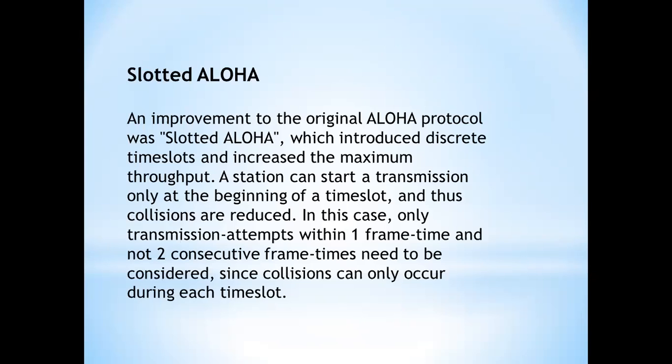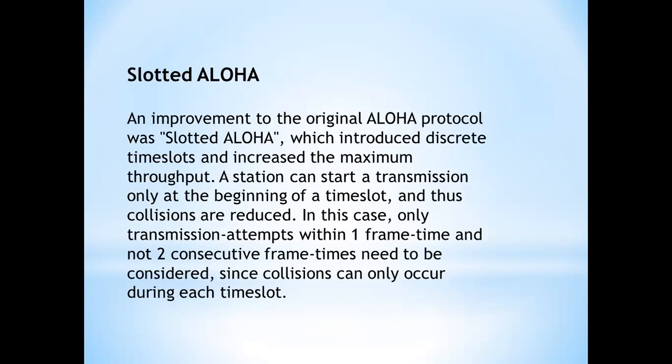Collision occurs if any part of two transmissions overlaps. Suppose T is the time required for one transmission and two stations must transmit. The total time required for both stations to transmit successfully is 2T. In the case of pure Aloha, allowing the stations to transmit at an arbitrary time can waste up to 2T.